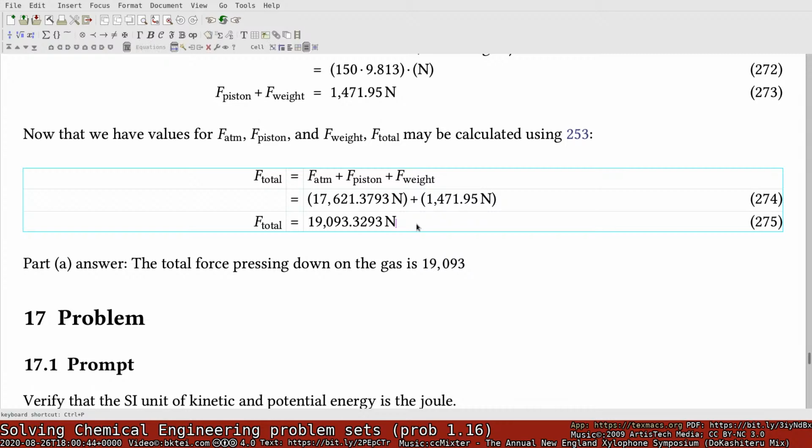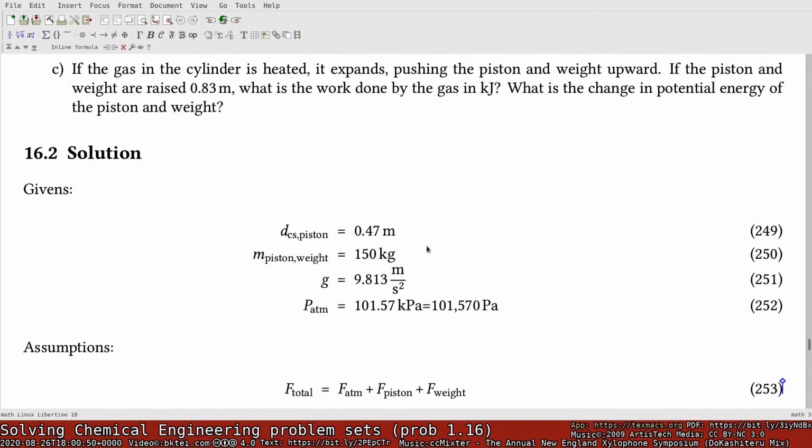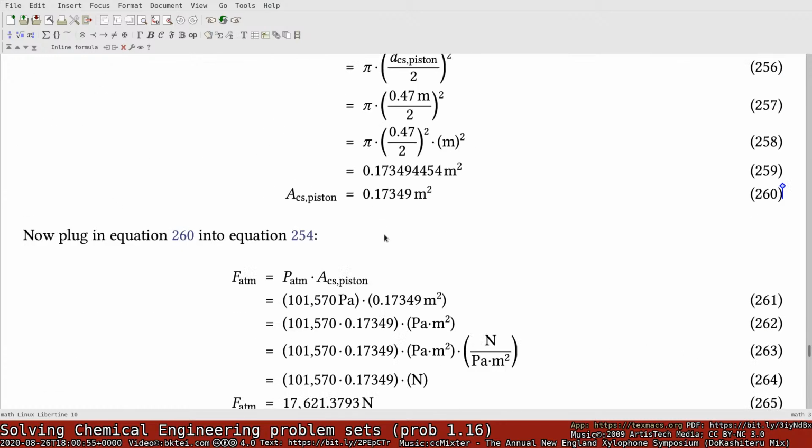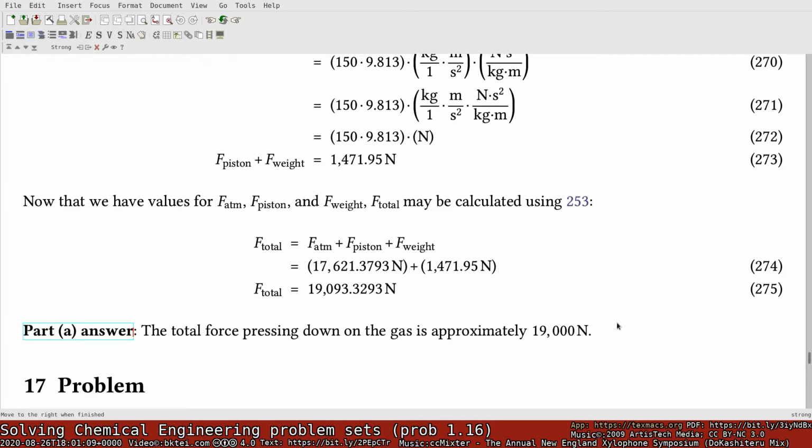Let's go ahead and just round that. What's the sig figs we got? The piston seems to be the lowest one, only 2 sig figs. So we'll just put approximately 19,000 newtons. Let's go ahead and bold that so we can find this answer later.